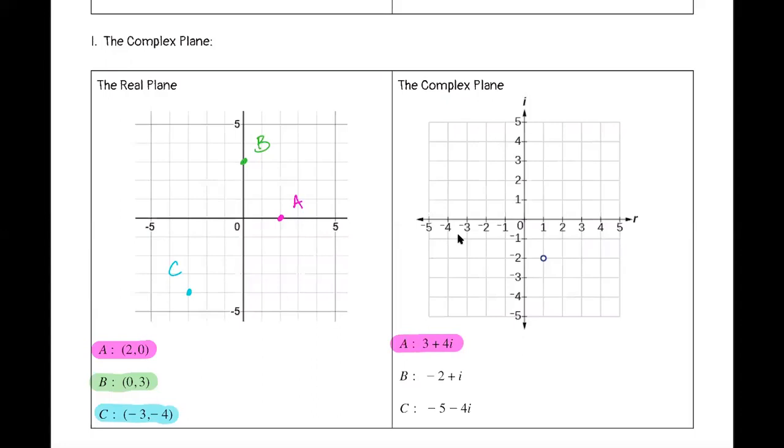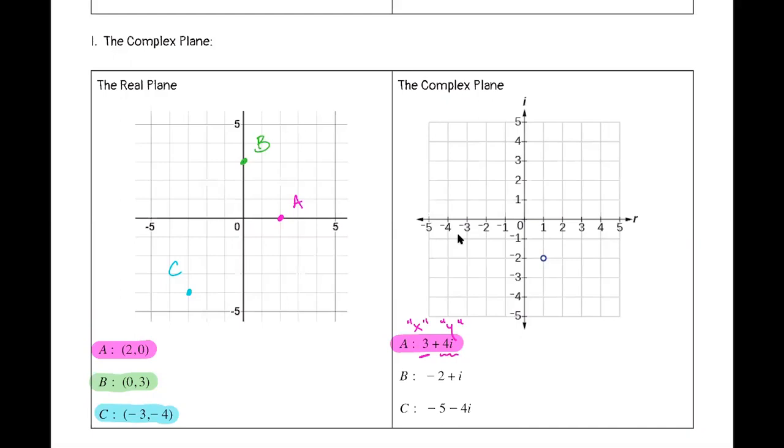Now, for graphing that point, this first number tells us how far we go to the right or to the left. Okay. So this one is kind of like the x. That means that the 4 is kind of like the y. Okay, so the first number is kind of like the x, the second number is kind of like the y.